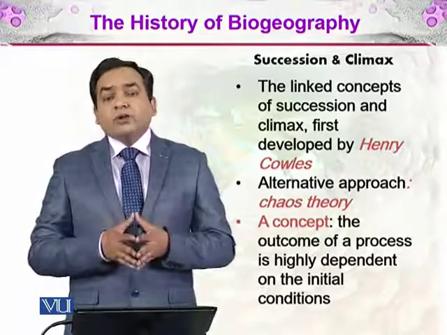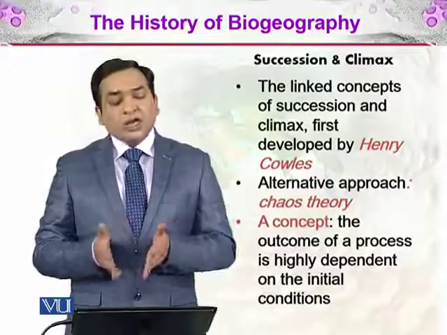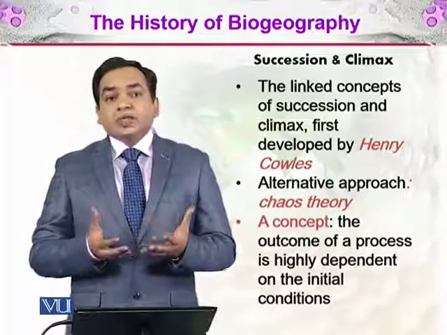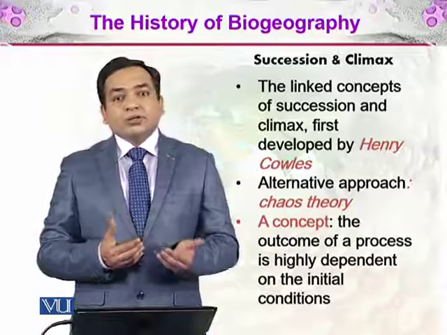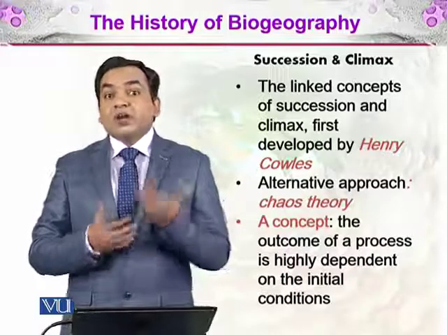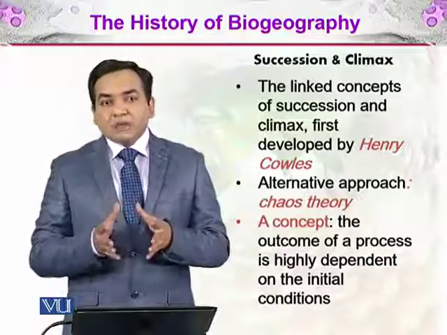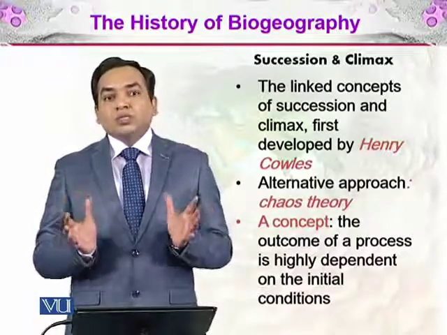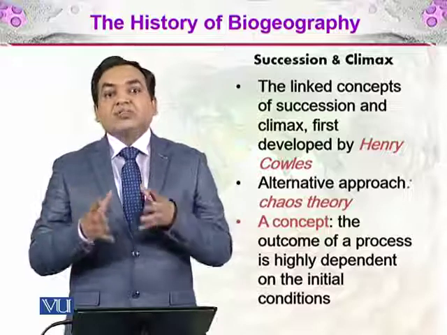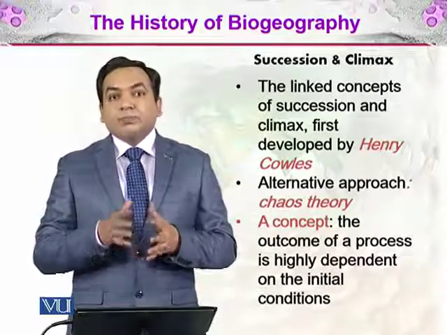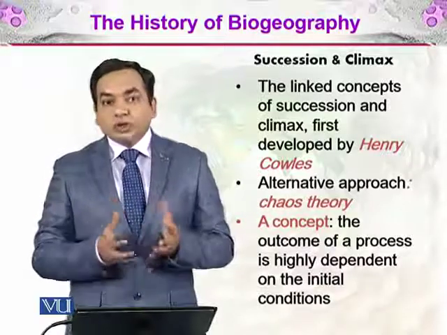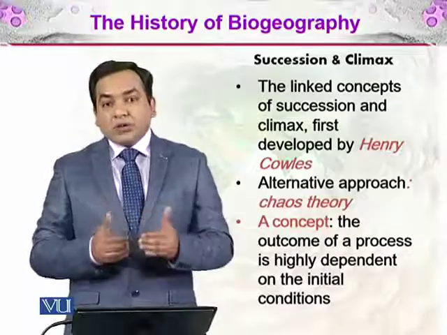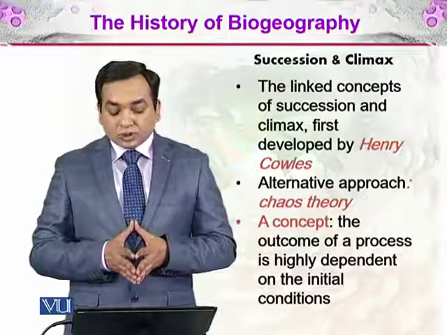The alternative approach to the ecosystem is chaos theory. Chaos theory is a sort of pattern which develops out of randomness. Everything is behaving in a random way, in its own way, and when we sum all of these things, they develop a very intricate pattern. This is an explanation of how an ecosystem forms.